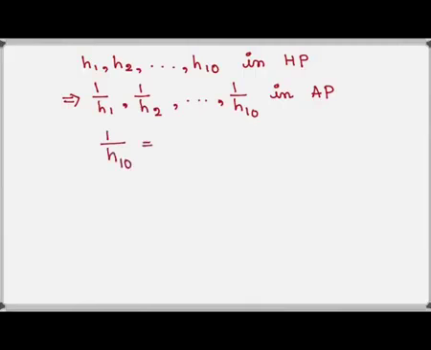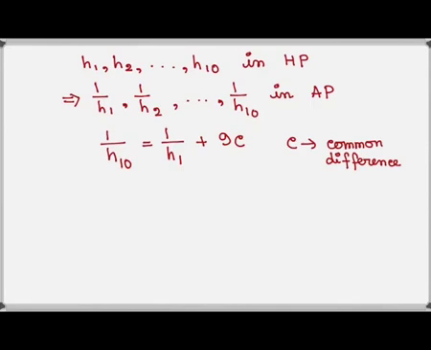So this is 1 by H1 plus 9C, where C is the common difference of the arithmetic progression 1 by H1, 1 by H2 up to 1 by H10.